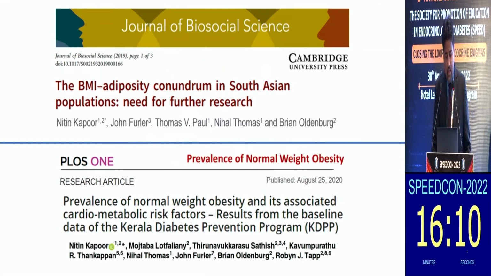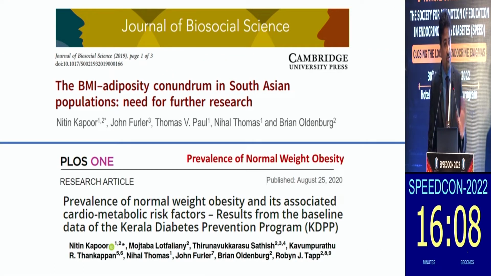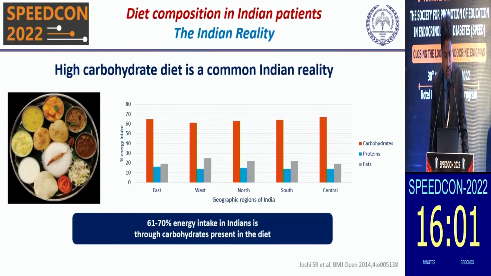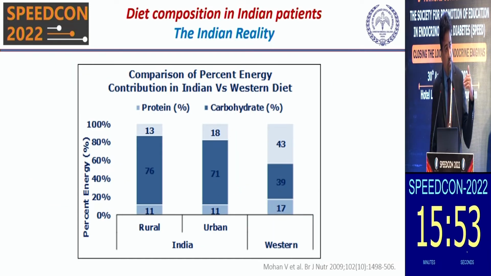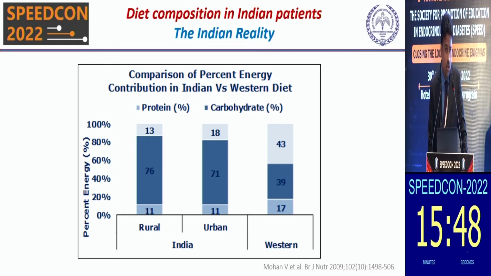This morning we spoke about the different aspects of how Indians are very different, in prolific lectures by Dr. Yagnik and Dr. Shashank Joshi. We talked about the high carbohydrate diet from an Indian perspective, the famous START study. Not only the high carbohydrate, but a remarkably lower protein intake that we have in the Indian phenotype, which adds on to the problem.